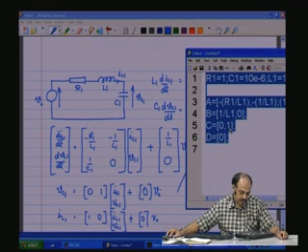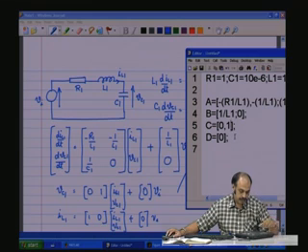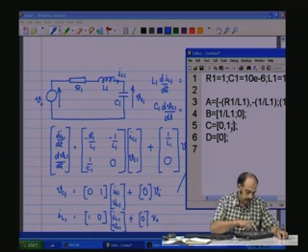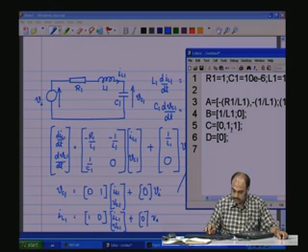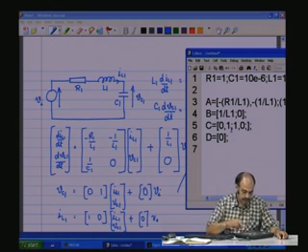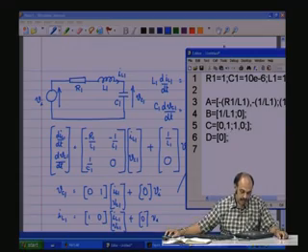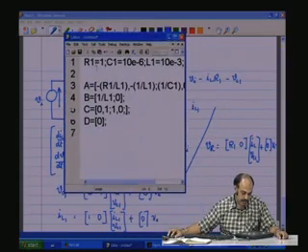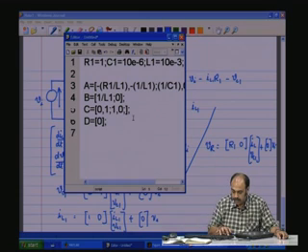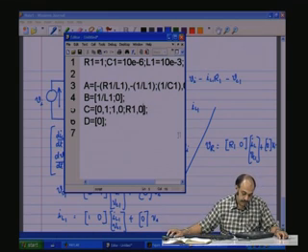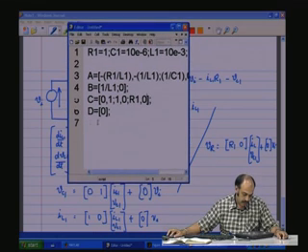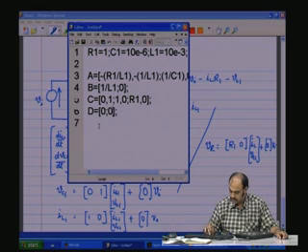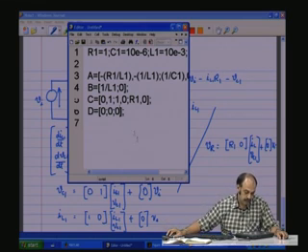The output equation would be 0 1 if you want to see VC1, it will be 1 comma 0 if you want to see IL1, and it will be R1 comma 0 if you want to see VR, and in the case of the D matrix it is 0 0 0 all throughout in this particular case.